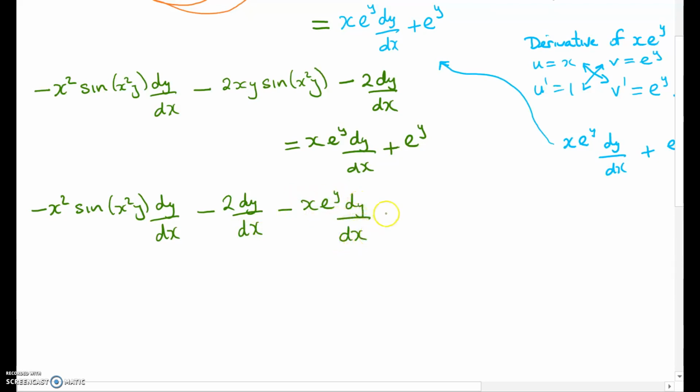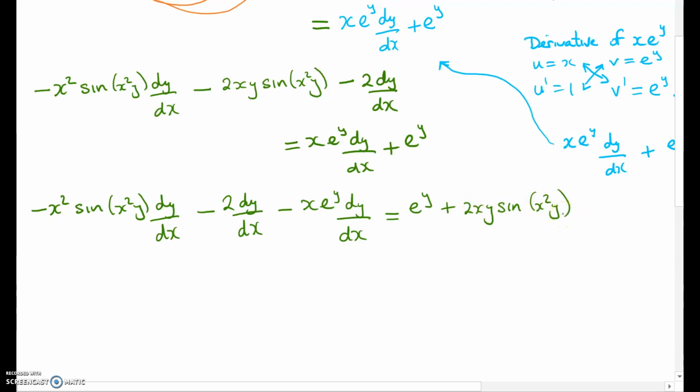And everything else needs to be on the other side of the equal sign. You have an e to the y over here, and this piece here didn't have a dy dx. So we'll make that plus 2xy sine x squared y.